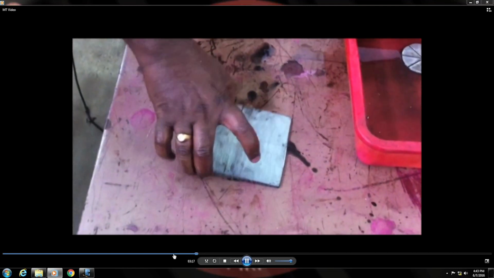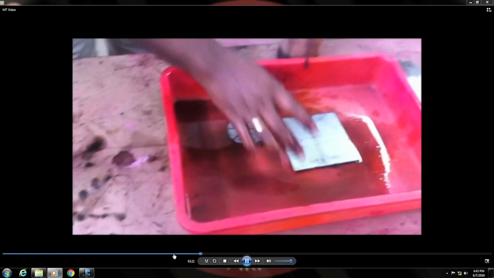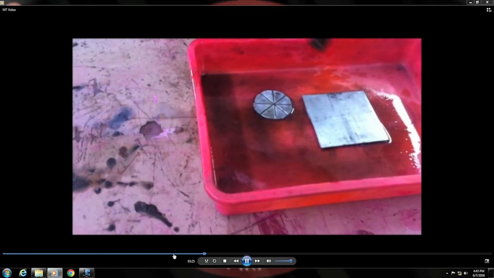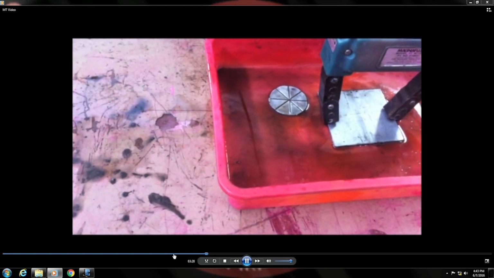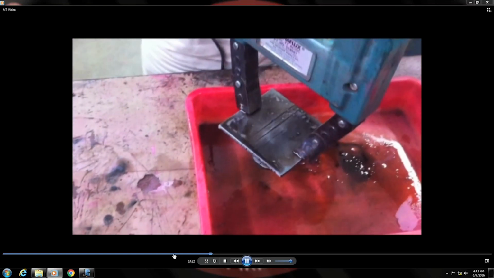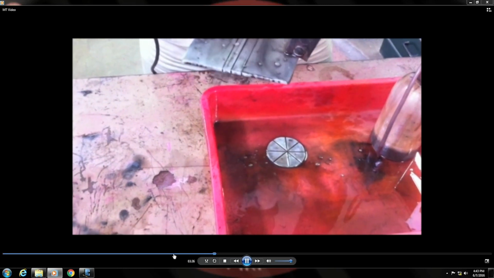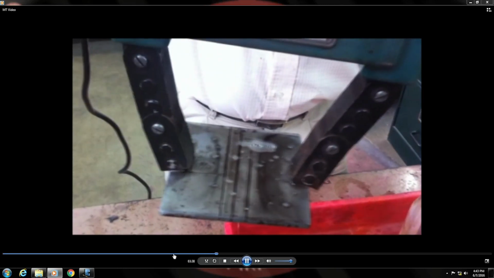And now you could see majority of the particles are going into a particular direction, and now if you see on the other side which is completely flat, right, but still you would be able to see the same pattern that you have on the other side once it is magnetized and you apply the particles. Now, you see the same pattern which is etched out on the other surface can be seen on the flat surface also.